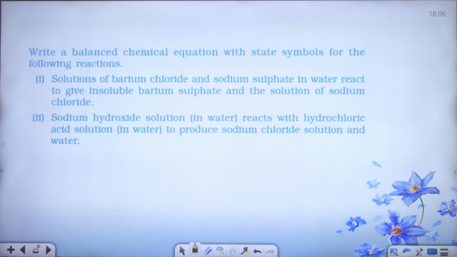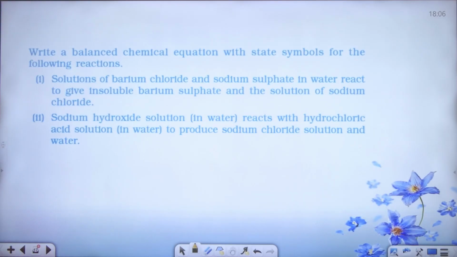Do one more. Write a balanced chemical equation with state symbols for the following reaction. A solution of barium chloride and sodium sulfate in water react to give insoluble barium sulfate and a solution of sodium chloride.